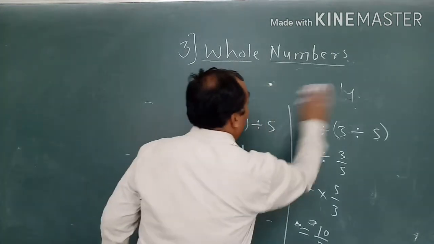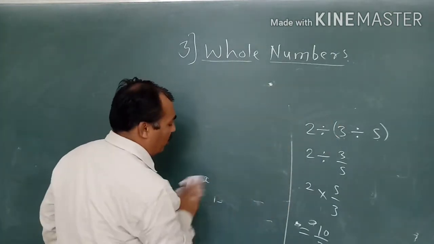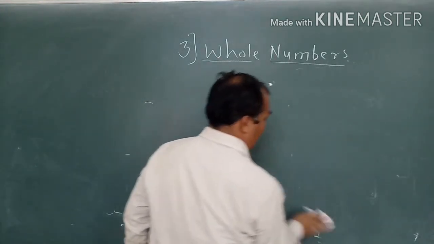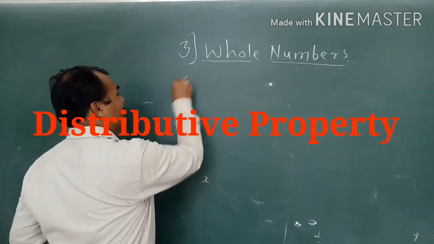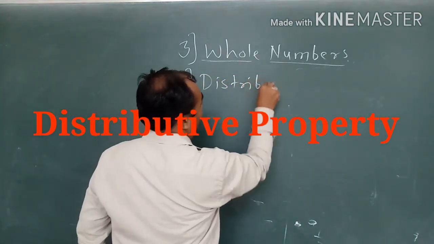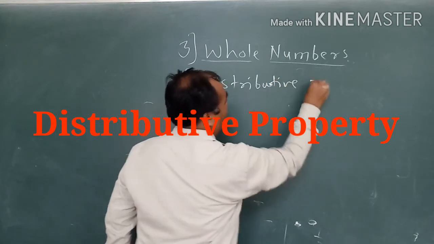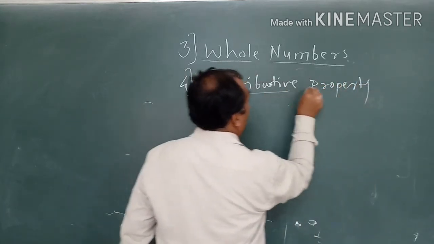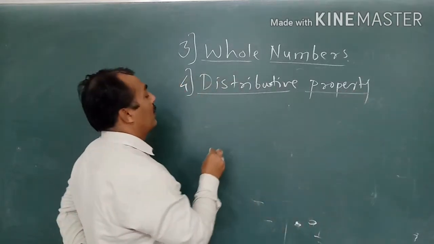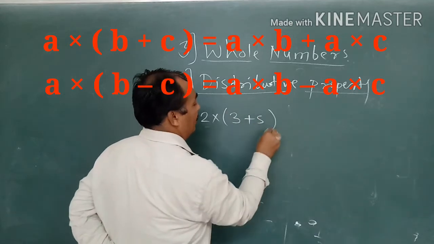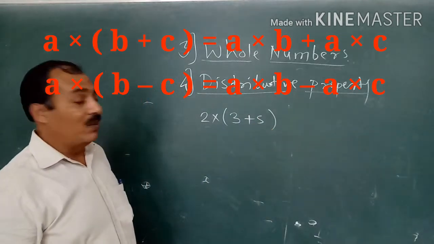Now let us learn the next property, distributive property. Distributive property of whole numbers. 2 multiplied by 3 plus 5.